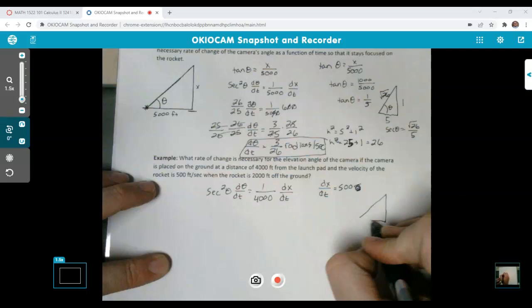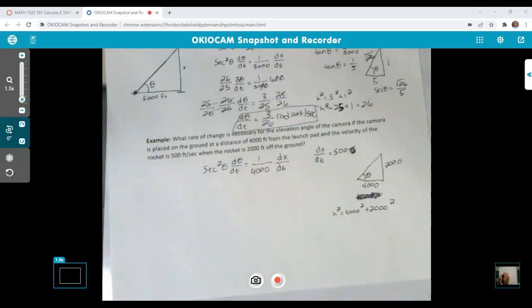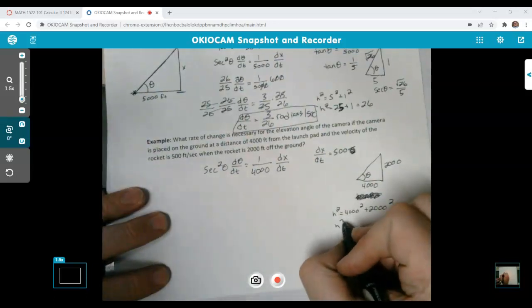So we would do hypotenuse squared is 4,000 squared plus 2,000 squared. If I typed in 4,000 squared plus 2,000 squared, you get 20 million.